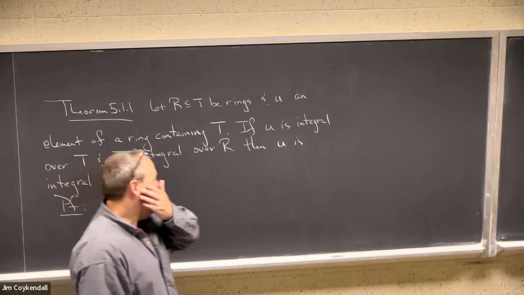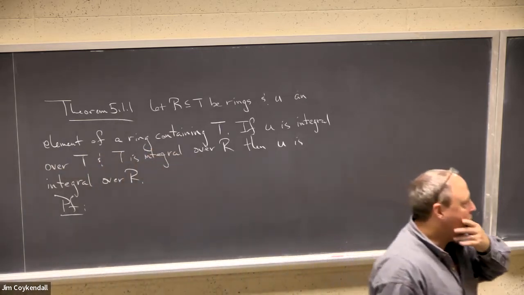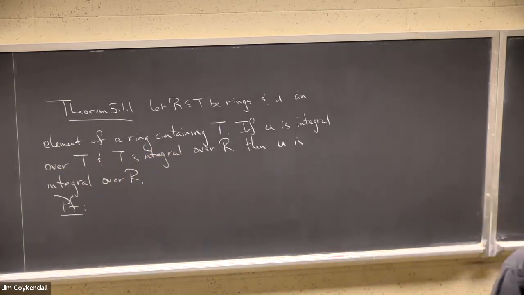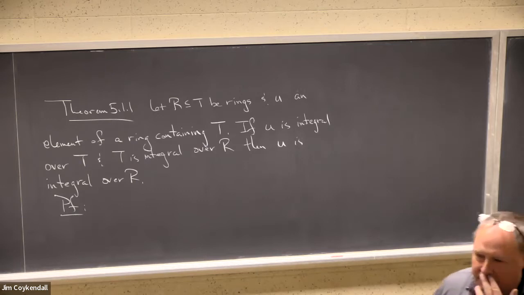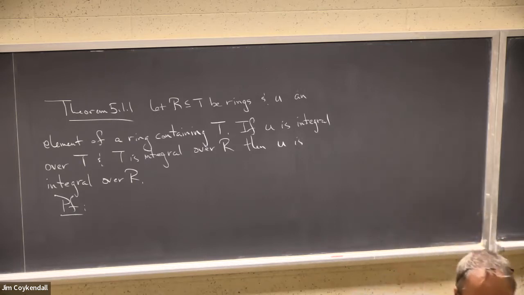It's funny, because when I visited Philadelphia last week, somebody asked me this question. Suppose you have a collection of algebraic integers, so these are all things that are integral over Z. And you look at a monic polynomial whose coefficients are all these algebraic integers. Is a root of that also an algebraic integer?